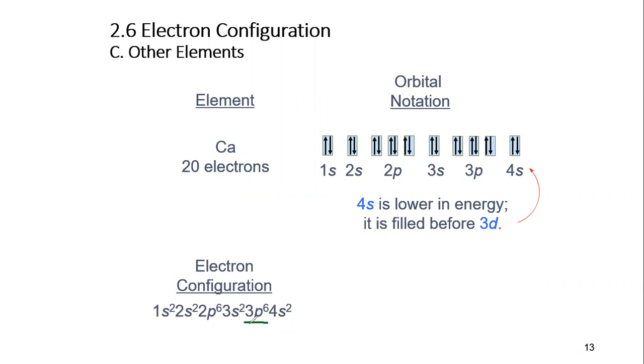So argon is represented by 1s2 to 3p6. So instead of writing all of that, we can just write argon 4s2. And again, we'll see in a little while, calcium likes to have a +2 charge because calcium likes to get rid of these 2 electrons to be like argon.